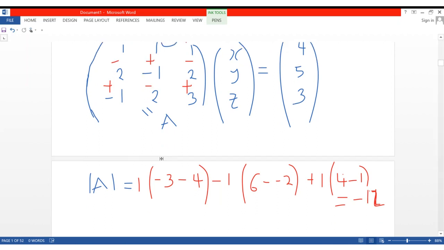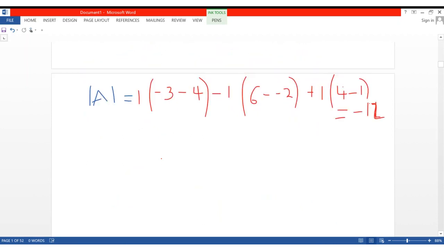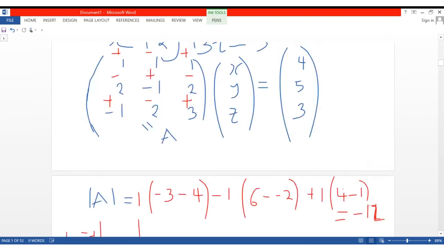So the first one is we shall take the cofactor of 1. The sign there is positive. So let me see what I have for the cofactor of 1. For the cofactor 1, I have negative 1, 2, 2, 3.